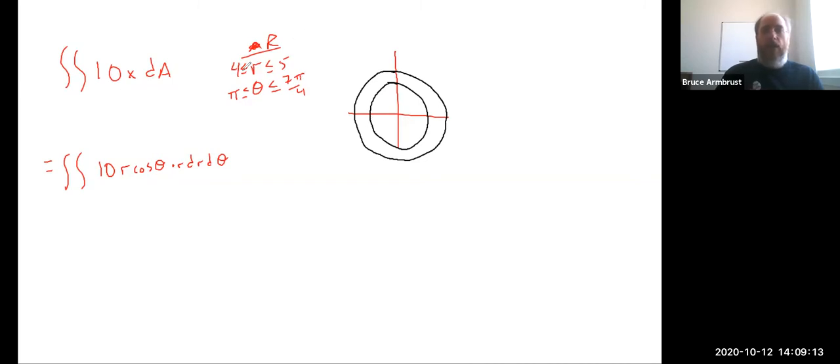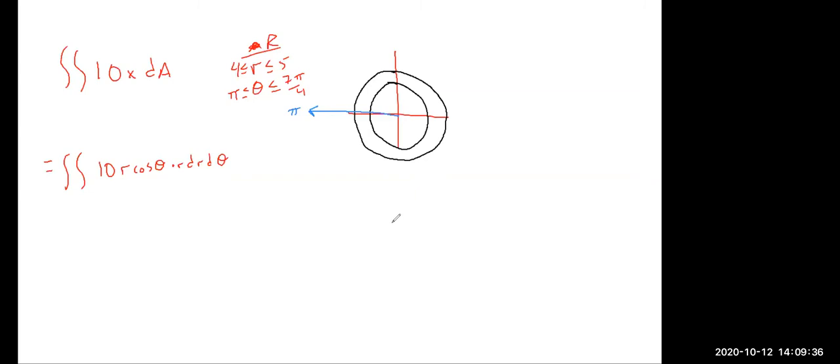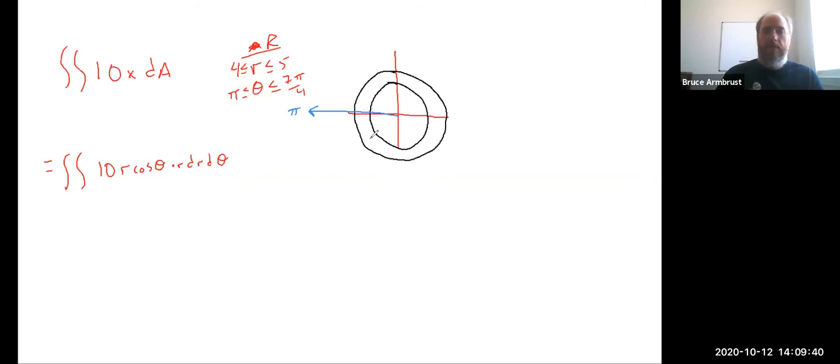That's all the r's between 4 and 5. But then we need our thetas to be between pi and 7 pi over 4. So here's pi. Where's 7 pi over 4? Down a little bit.